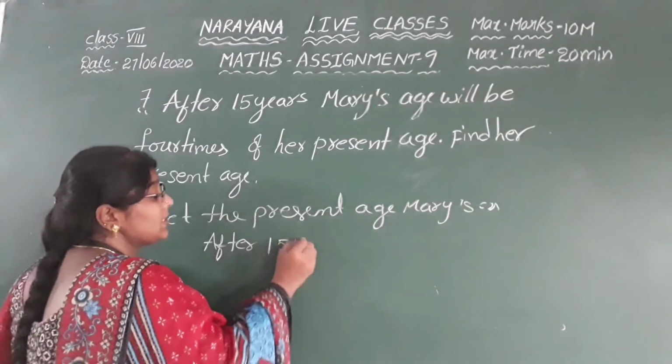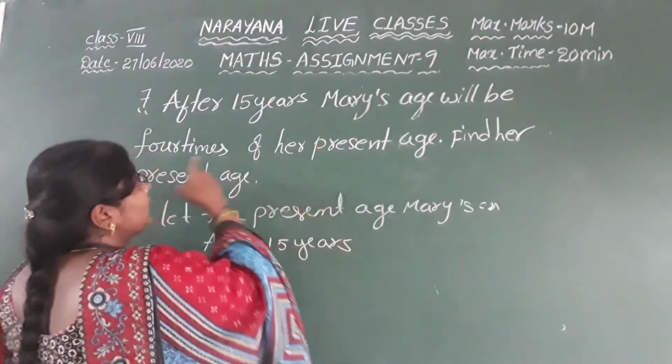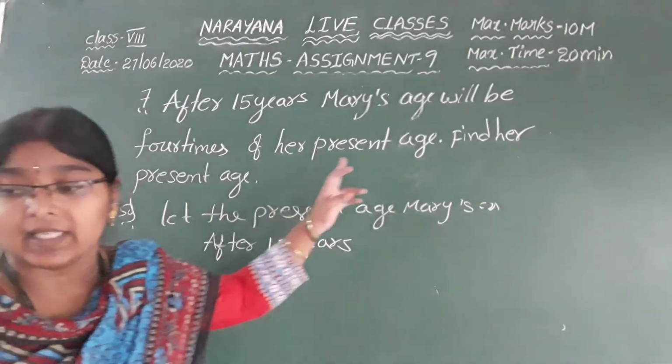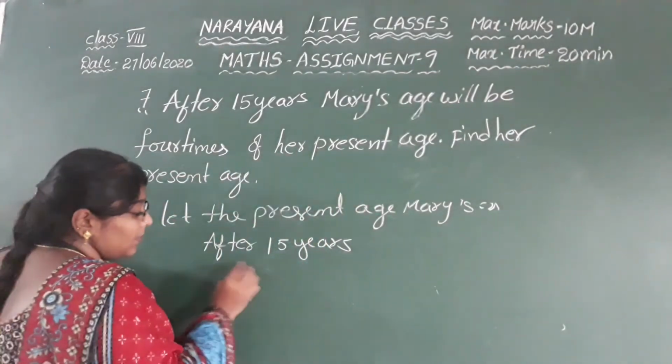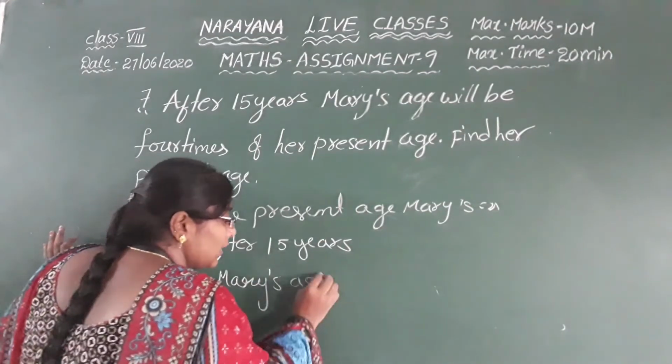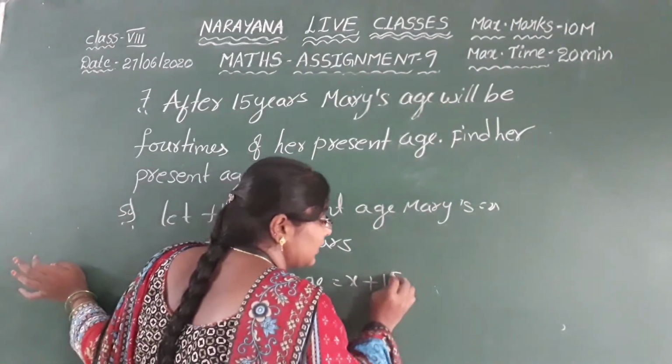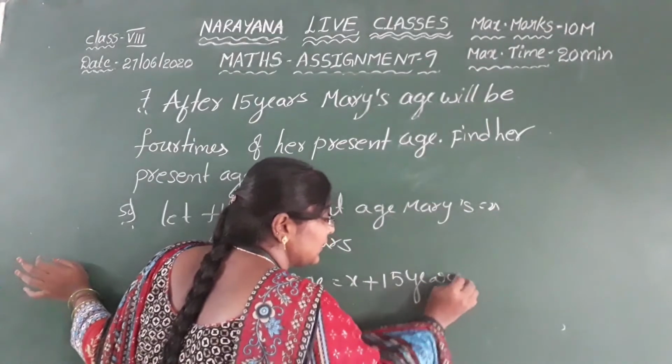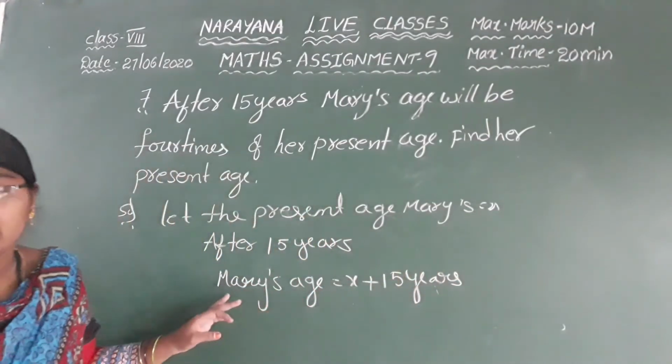After 15 years, her age will be 4 times the present age. That means her age is x plus 15 years. We take x plus 15 years.